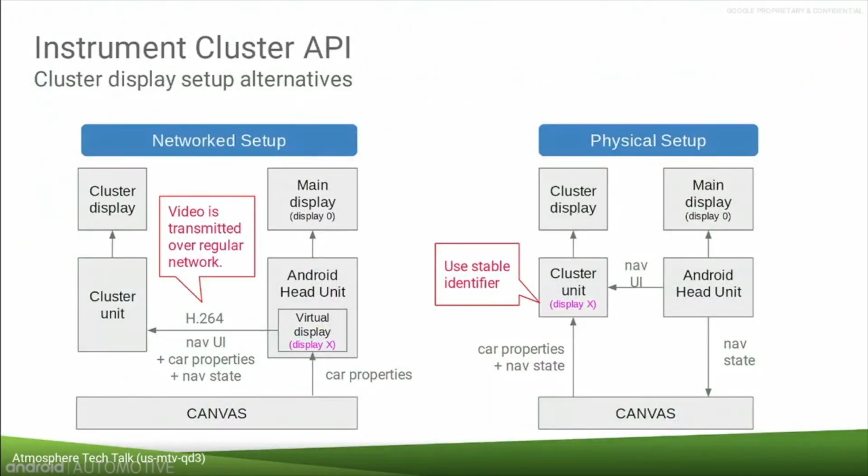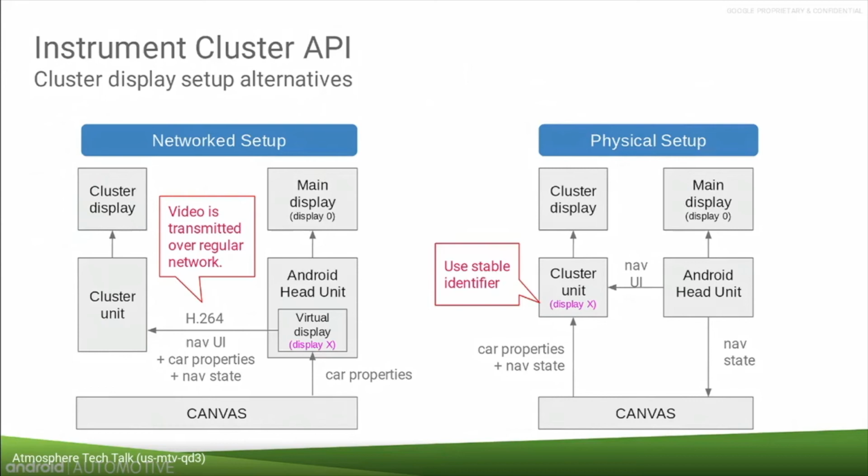And once you have configured the discovery and your service is started, it's time to set up your display. Here there are a couple of options. On AOSP, the reference implementation uses a virtual display that transmits the video over a regular network on H.264. This is only good for development.